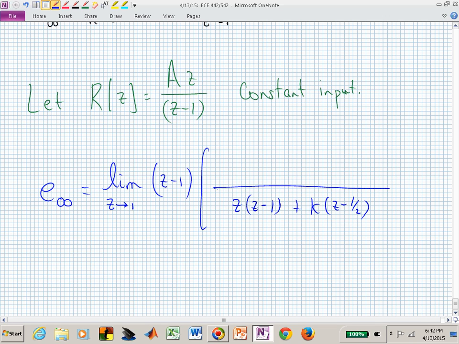That was the denominator, and that will appear here. And then I have the other starting piece, and all of that is times R of z.